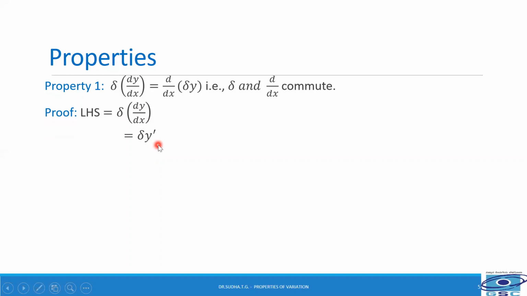So we have found an expression which was marked as equation 3, and that gave us h into alpha dash. So substituting for delta y dash, we get h into alpha dash. Now h into alpha dash, what is this alpha dash? This is derivative of alpha with respect to x. So we can write h into d alpha by dx.